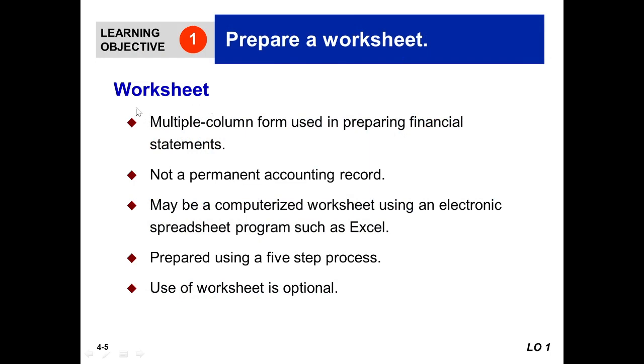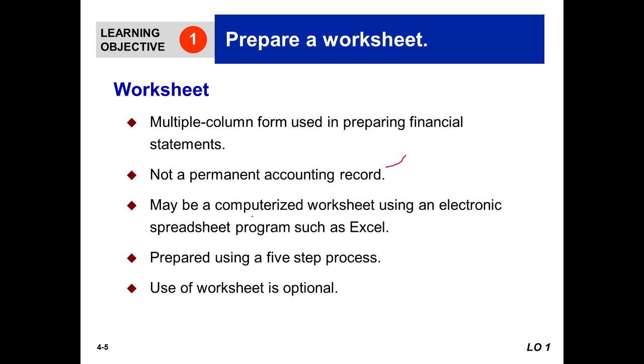First, we discuss what a worksheet is. In our worksheet, we have 5 characteristics, which come from the definition. Number one, a multiple column form used in preparing financial statements. Number two, not a permanent accounting record. That means a worksheet is not a permanent record.